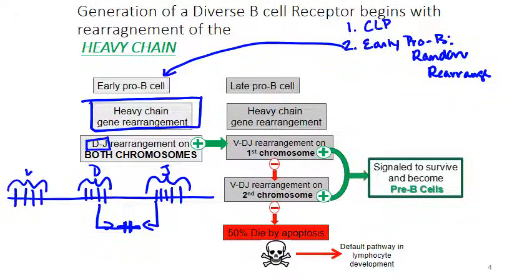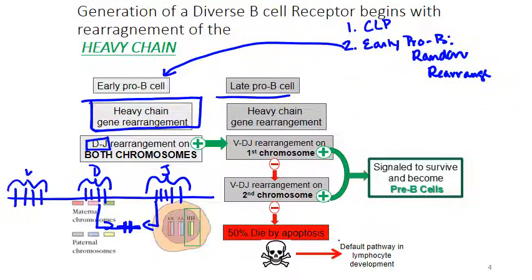This is going to happen on both chromosomes at this point. If this rearrangement is successful, the cell will move on to become a late pro-B cell. If it's not successful, if it can't make a D and a J region come together, then the cell will die.